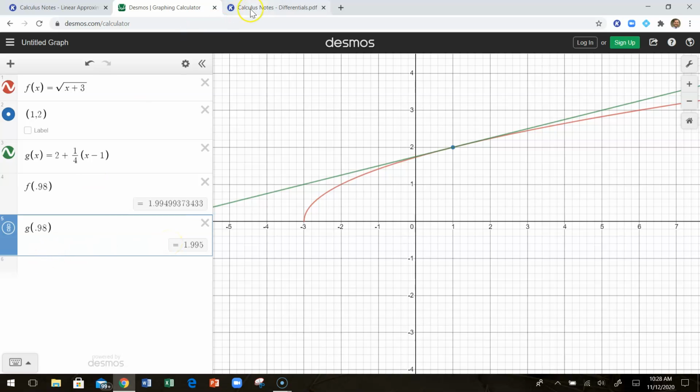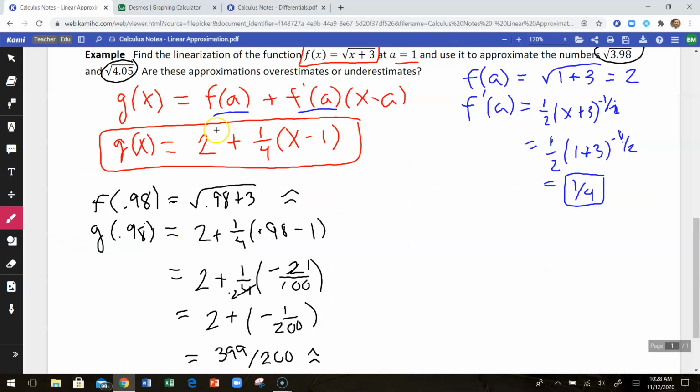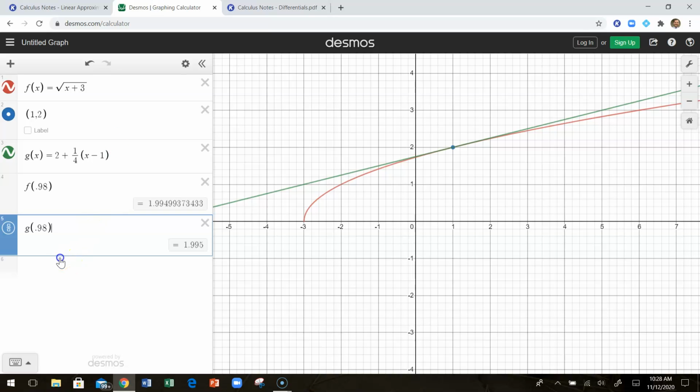Okay. The very next question there is asking us to estimate the square root of 4.05. So in that case, what is x? What plus 3 gives me 4.05? So that's 1.05, again, close to a. It's close to 1. So in this case, the actual value, if I were to do f of 1.05, I would get this.